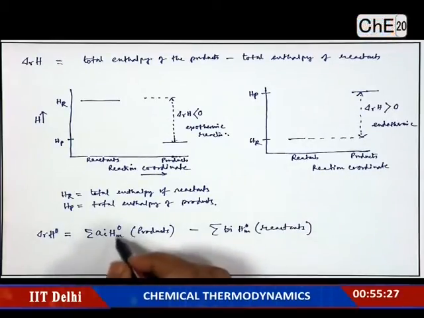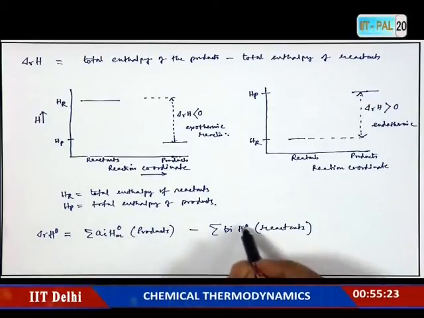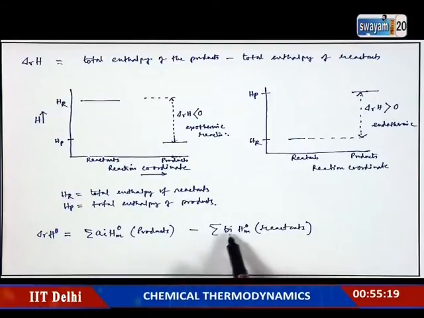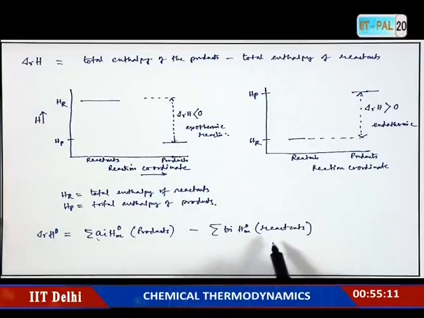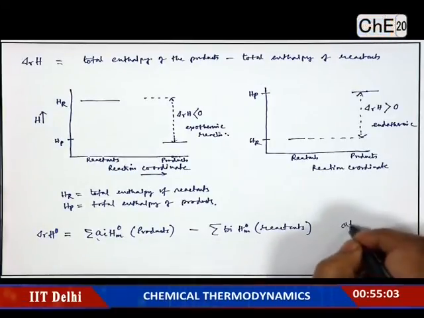This is the standard molar enthalpy of the products, and this is the standard molar enthalpy of the reactants. If you multiply by the number of moles, which are the stoichiometric coefficients in the balanced reaction, this gives you the standard heat of reaction, where both reactants and products are in their standard state at a particular temperature T.